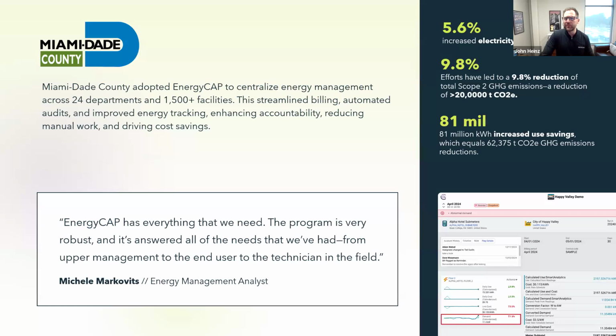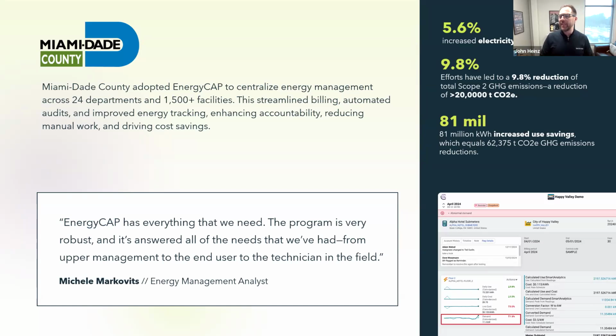Now, you want to talk about changing some processes and making them more efficient. So think 24 departments getting paper bills, grabbing them, looking at them, approving them, entering them into accounting, and then working on payment activities. Where now they're getting EDI bills every day. It flows directly into EnergyCAP.